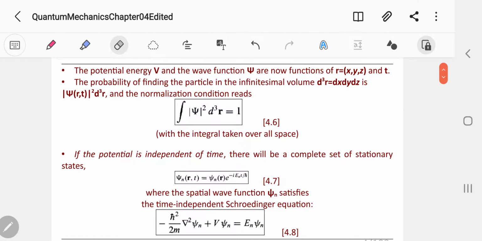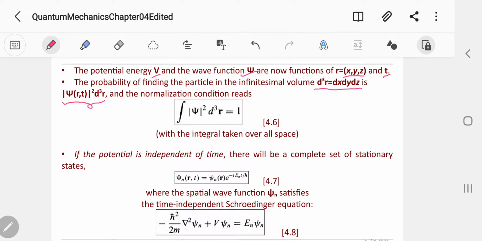So the potential V will now be a function of x, y, z, and t. The wave function and the potential energy will be functions of x, y, z, and t. And the probability of finding the particle in the infinitesimal volume d cube, the product of dx, dy, and dz, is just equal to this.